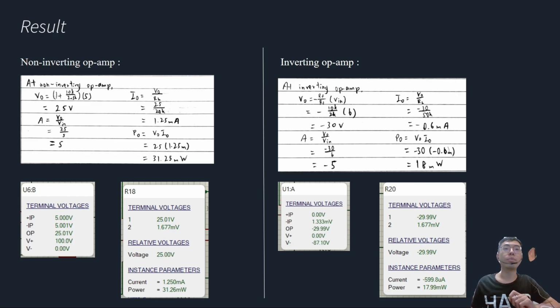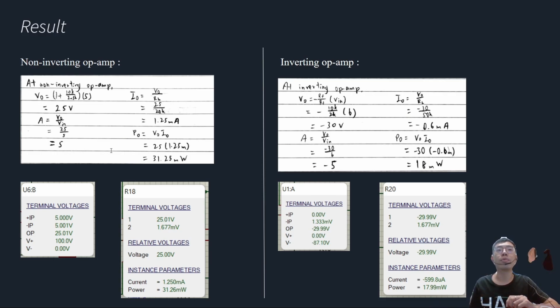Then we come to the results and findings. We will be placing the calculation part and the simulation part side by side for easier comparison. At first, the non-inverting op-amp has a 5 volt DC supply applied at the non-inverting input, combined with two resistors of 10 kilo ohm and 2.5 kilo ohm accordingly.